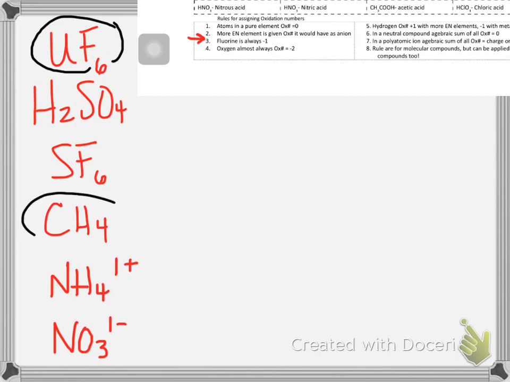Let's do this one, CH4, carbon tetrahydride. So, I'm going to write my compound. Is there anything in here that has a rule associated with it? Well, hydrogen has an oxidation number of +1 with more electronegative elements and -1 with metals. Is carbon a metal? Nope, sure isn't.